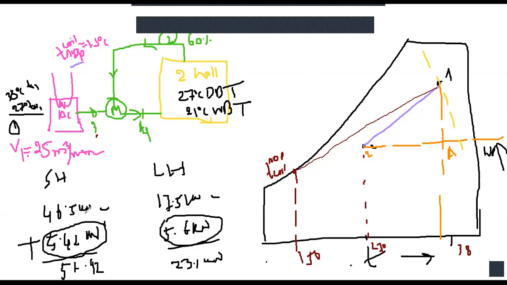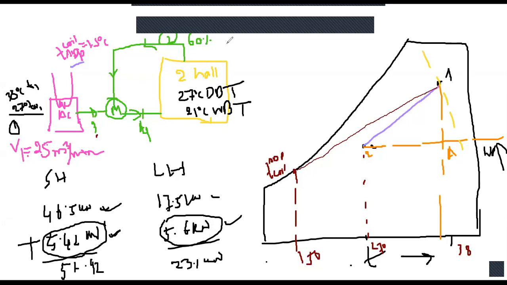So the AC load is also increased, because before infiltration of air the AC load is 46.5 and 17.5, but due to infiltration the load is also changed. This and this amount is added to the system, so the total load of the AC increases.